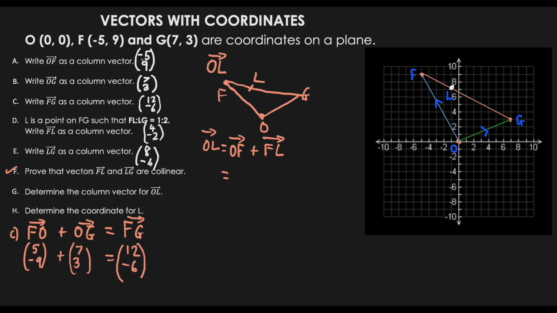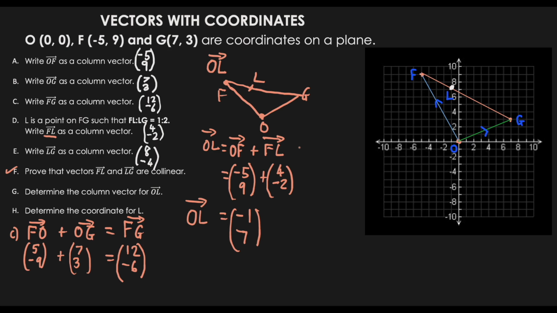OF is (-5, 9) plus FL. Do we know what FL is? Yes. We worked out FL earlier, which was (4, -2). So -5 plus 4 is -1, and 9 plus -2 is 7. So OL is (-1, 7).